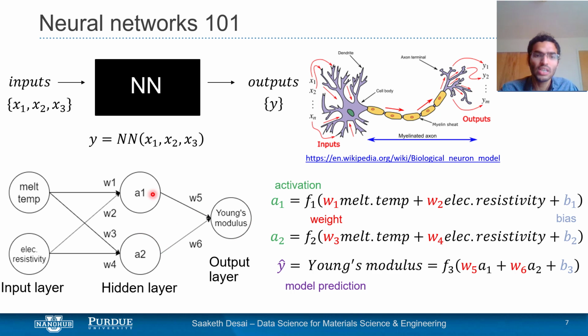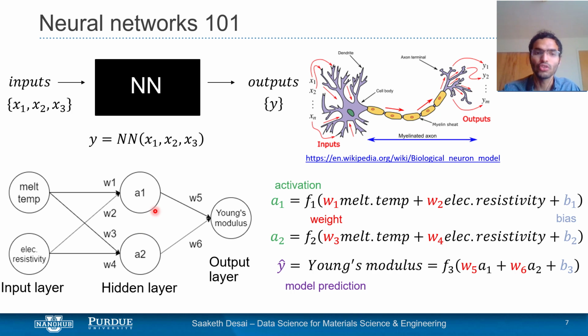To compute the Young's modulus, we first need to compute the values of neurons A1 and A2. And to compute the value of each neuron, we will look at all the inputs to that neuron, linearly combine all those inputs with weights and biases, and apply nonlinear activation functions to that combination to get the value of our neuron. So what does this mean in practice?